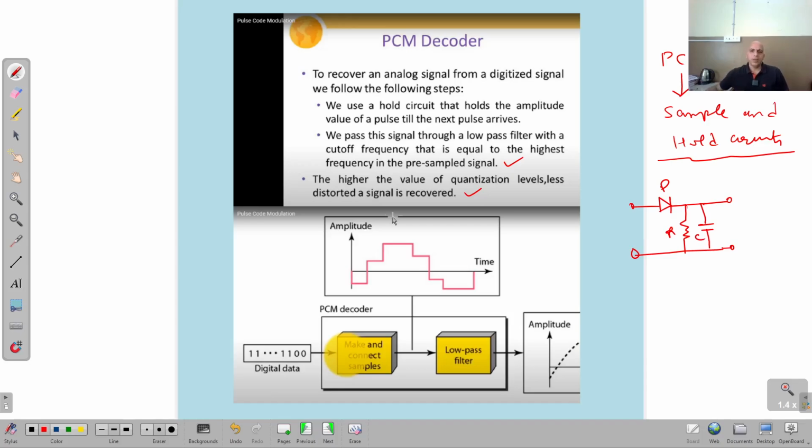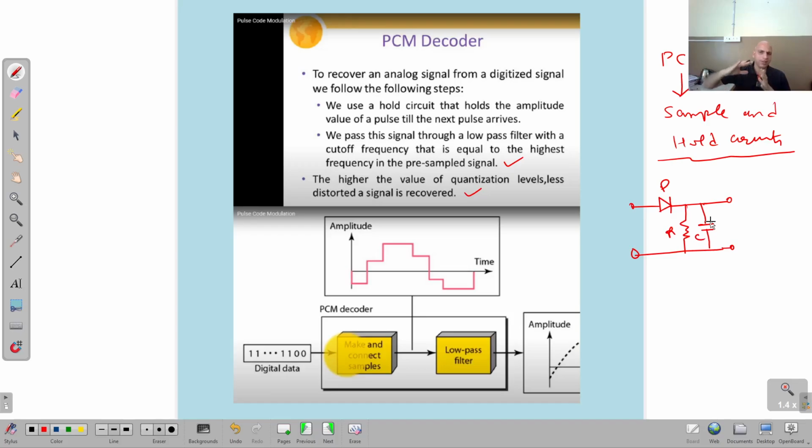What it will do when the PCM signal passes through here, during the rising part of the PCM signal, this PN junction diode will become forward biased, and it will charge the capacitor, right? But when there is no input at this junction diode, it will behave like an open switch, and during this time the capacitor will hold the charge and produce the corresponding output.